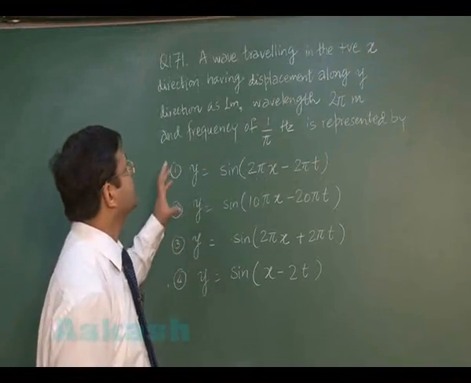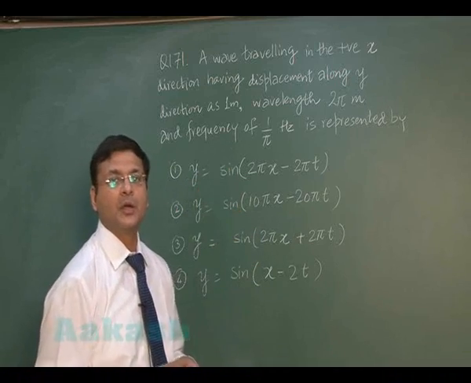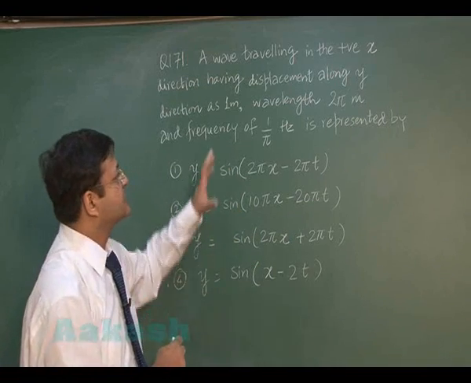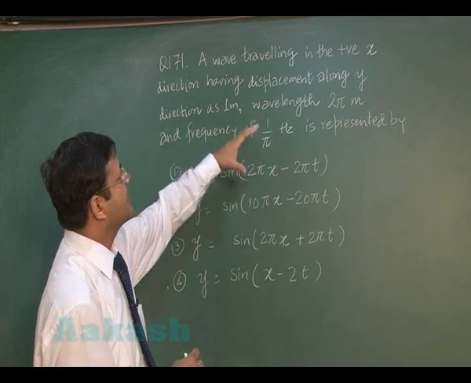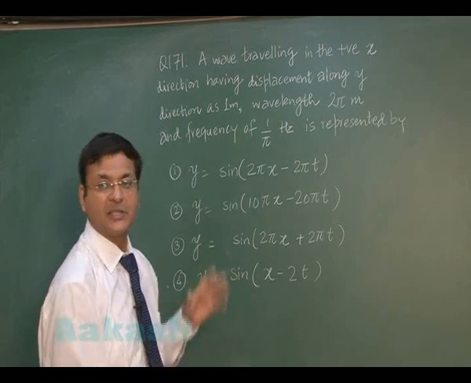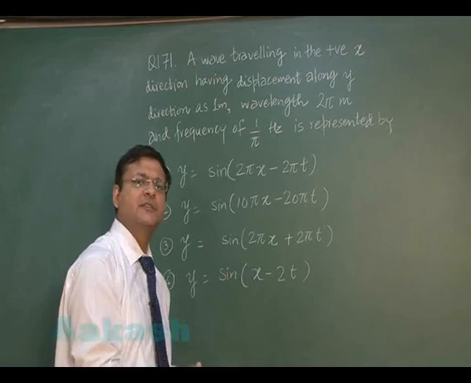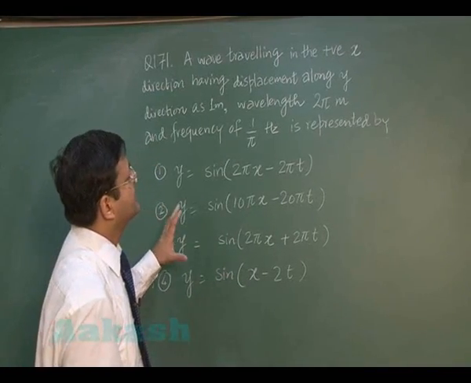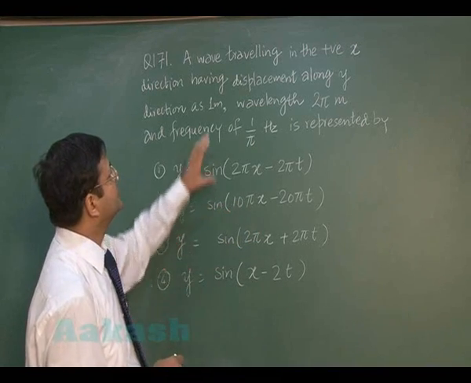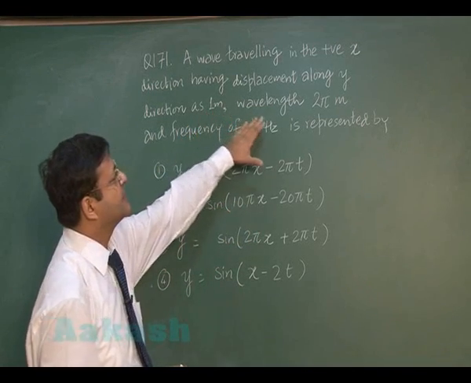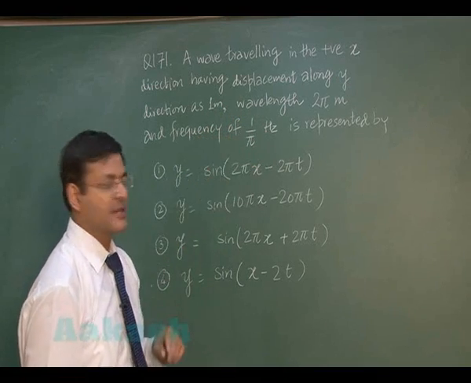In this question 171, which is based on progressive wave equation, that is sound waves, a wave traveling in the positive x direction having displacement along y direction as 1 meter. This is a kind of question which is directly formula based. You are expected to mark the equation of traveling wave. It gives you the amplitude 1 meter, wavelength is given, and the frequency is given.